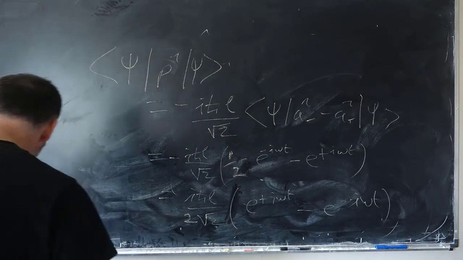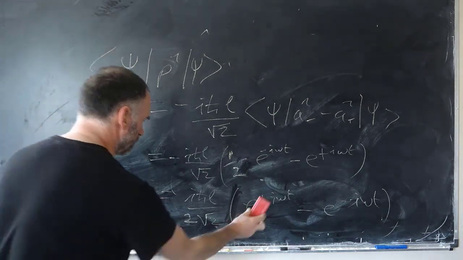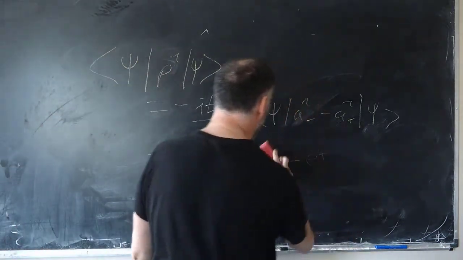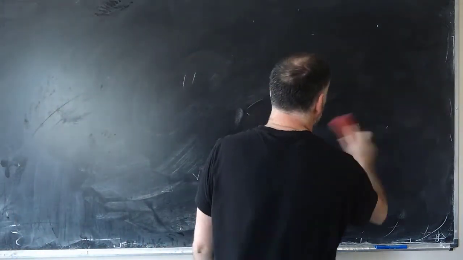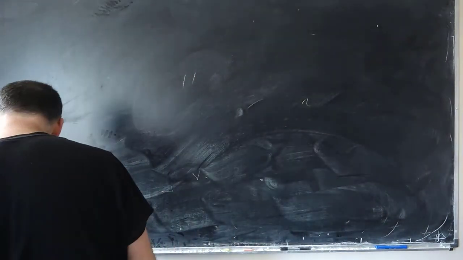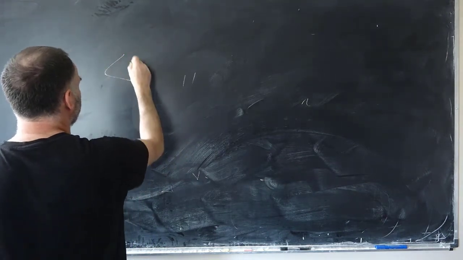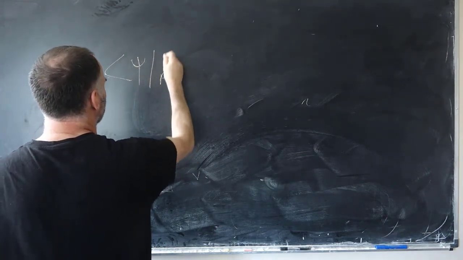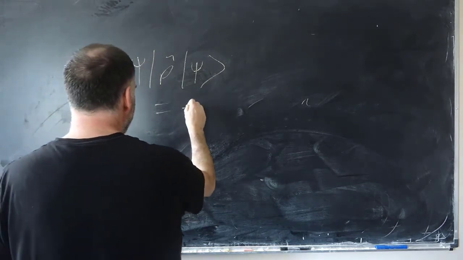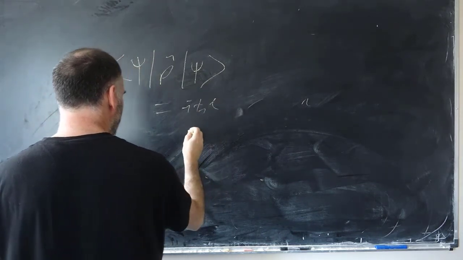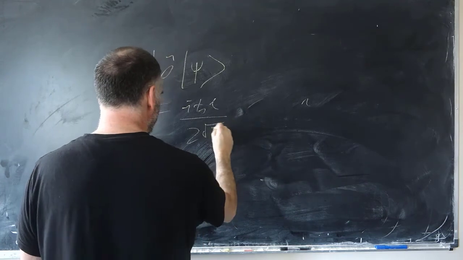Right, now we use good old Euler to convert our complex exponentials to a trigonometric form, and what we have is i h bar over L 2 root 2.